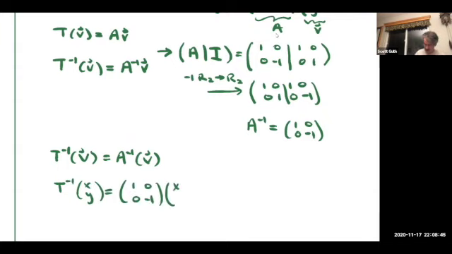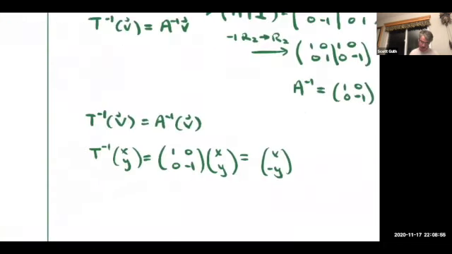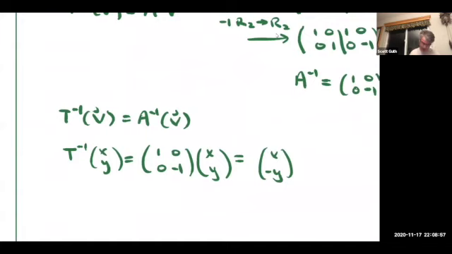This is actually the same transformation you started with. So you can see this is X, negative Y, and you multiply that out. And you can see that's the same transformation. So it's interesting to note T inverse is T on this example.